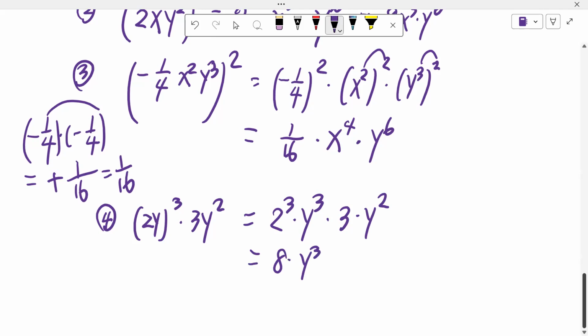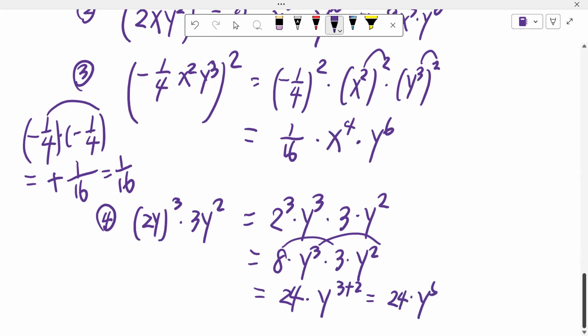It's 8y cubed and 3 times y squared. Now we're going to multiply the numbers, 3 times 8, 24. For y, we add 3 and 2, 5. That's 24 times y to the 5. Any question about this?